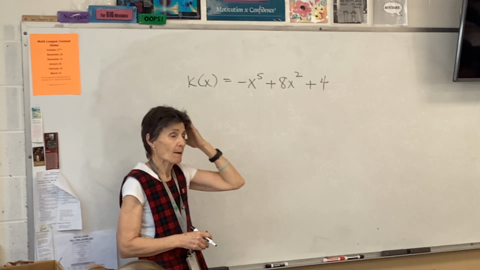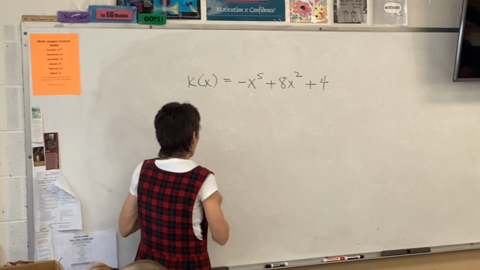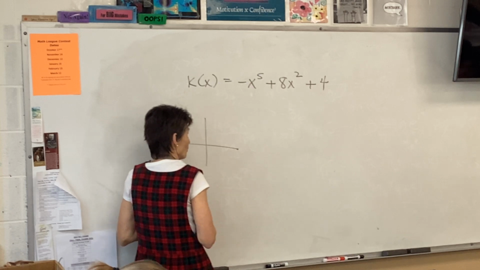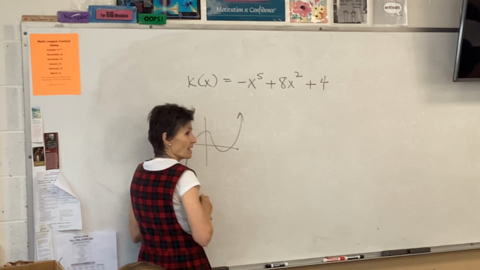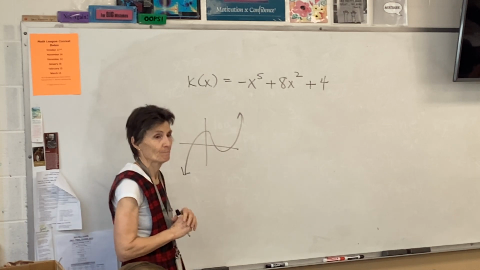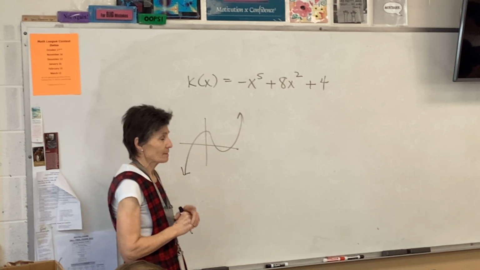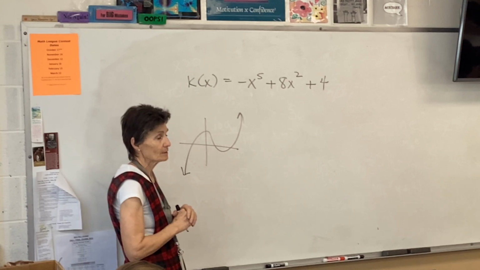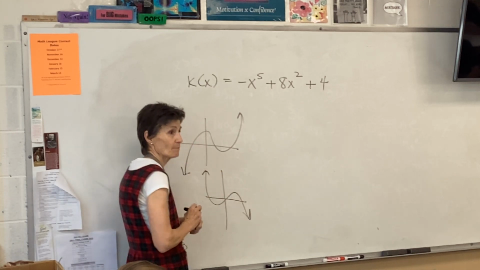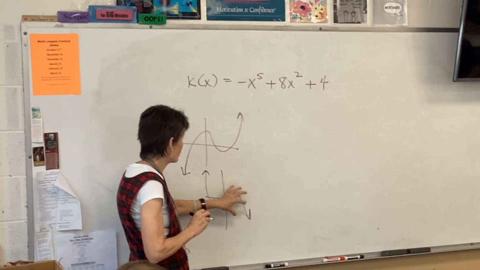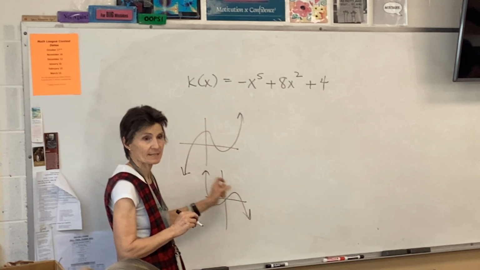So, gotta stop and think. Well, how do odd degree polynomials behave? They look like this. That's how they behave. They start down, end up. But, because of the negative, he's flipped, so he looks like this. Now, I don't know what's happening in the middle, I don't care, it's the ends that I care about.